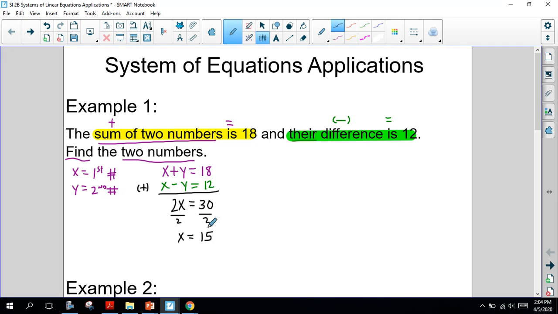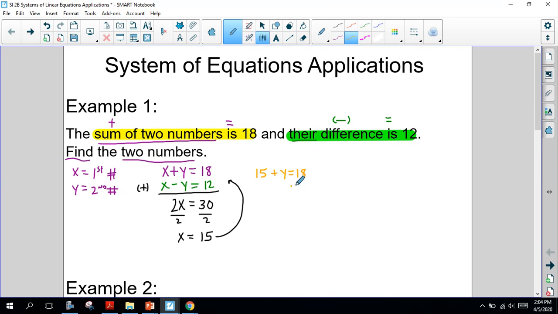Well, I've got my x value, so I found my first number, if you will. I need to take that and plug it back into one of the original equations. It really doesn't matter which one. I'm just going to use the first one since it's all positives. So I'm going to plug in 15 for the x. So it's 15 plus y equals 18.